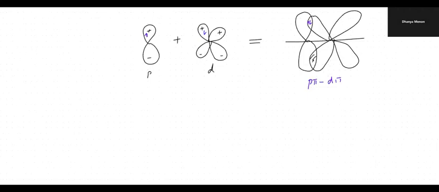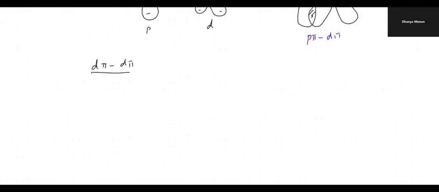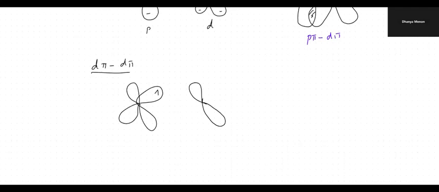Now, similarly, I have d-pi d-pi. In d-pi d-pi, d orbitals are overlapping with d orbitals. I'm drawing the d orbital, which is half filled. I have another d orbital that is also half filled, but the electrons have opposite spin. That was a rule mentioned in the previous video.